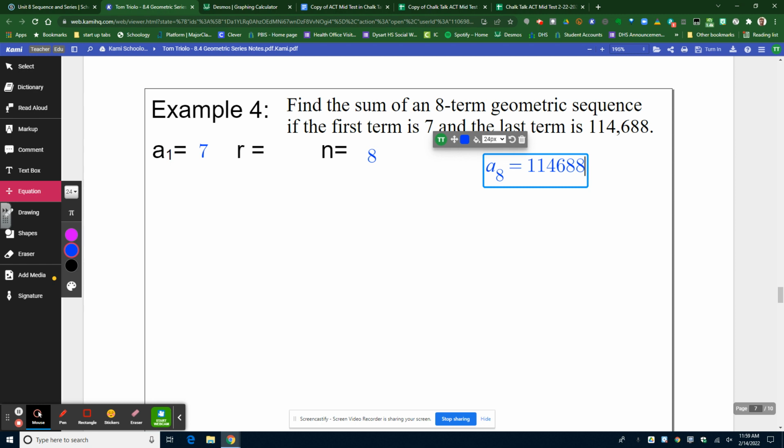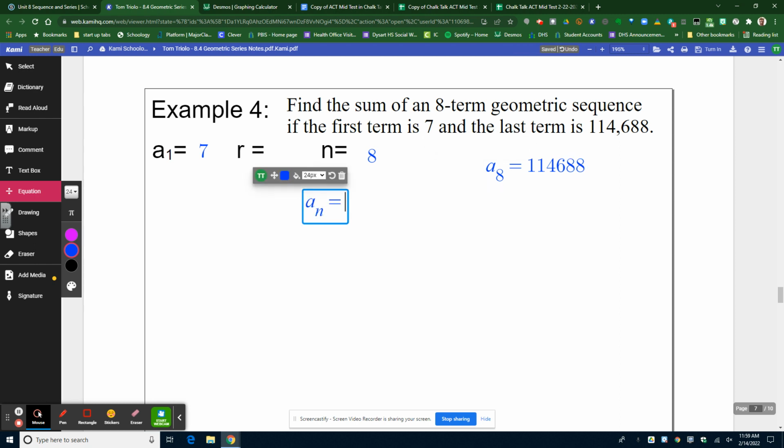What's the difference between a sequence and a series? One's adding, but if I could find my sequence, then I can figure out my series, right? So what formula should I use now? The sequence formula. So I would write it down first. A sub n equals A sub 1 times r to the power of n minus 1.